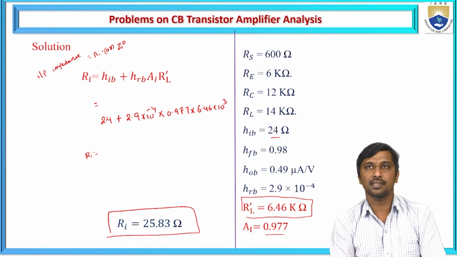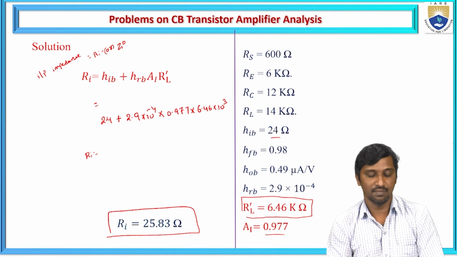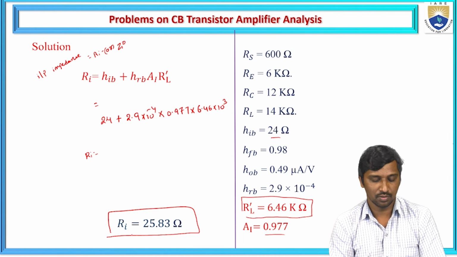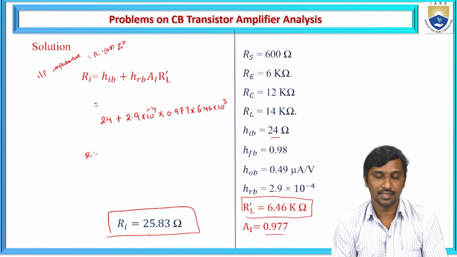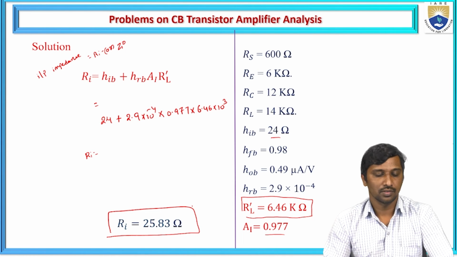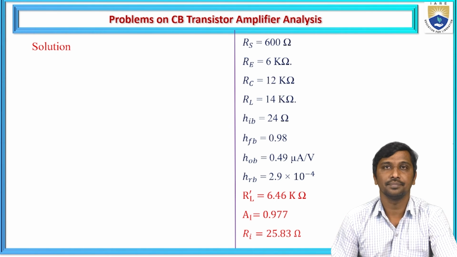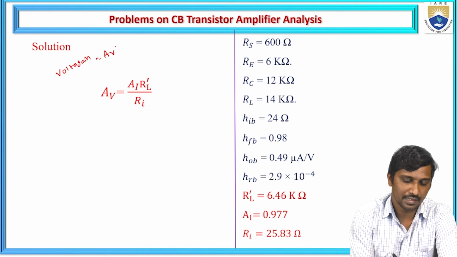This is the input impedance of the common base transistor amplifier analysis. Based on the given specifications, the total input impedance or input resistance is 25.83 ohms. Then now we need to calculate the voltage gain, that is represented as AV.